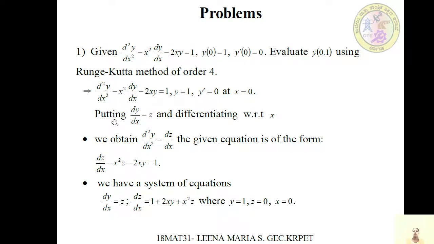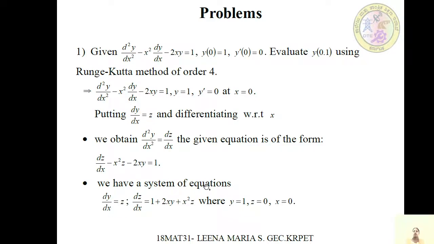So now we are going to put dy by dx is equal to z. On differentiating this with respect to x, we get d square y by dx square is equal to dz by dx. So the given equation, on substituting, will be of the form dz by dx minus x square into z minus 2xy equals 1.